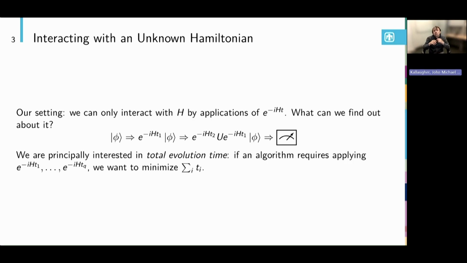In particular, we're going to be interested in what you can find out about H using as little total evolution time as possible. That is to say, every time you apply this time evolution operator for a time t, we're going to bill you t time, and you're going to want to minimize the sum of these time intervals.